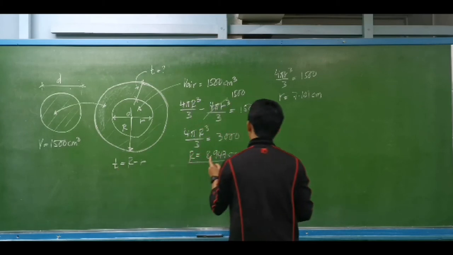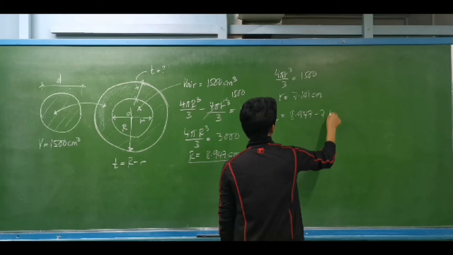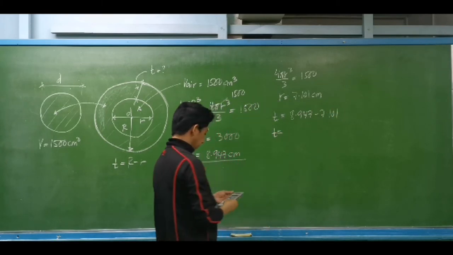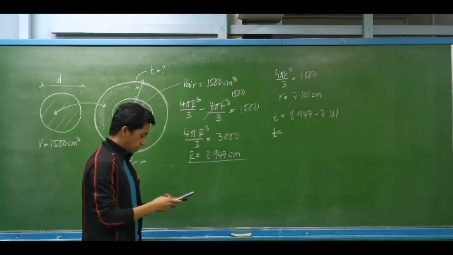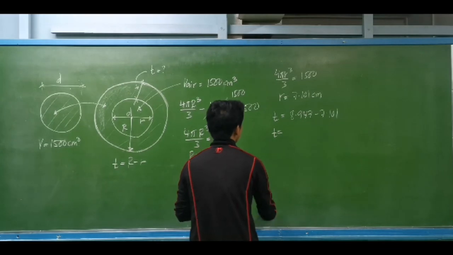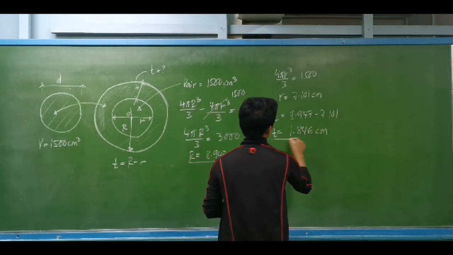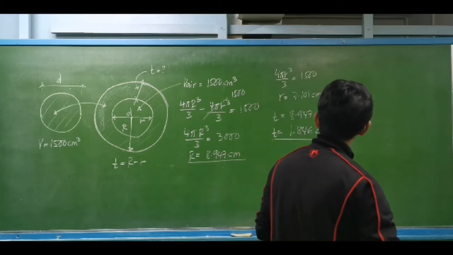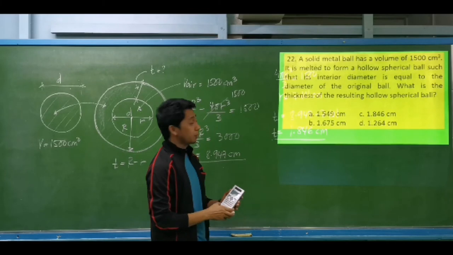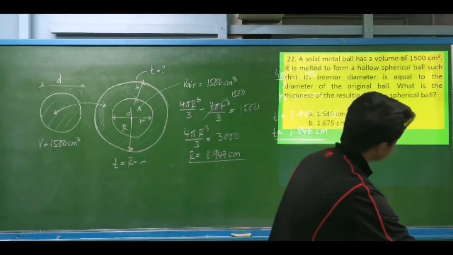That is yung capital R, 8.947 minus 7.101. So yung thickness is equal to 8.947 minus 7.101 is equal to 1.846 centimeters. Okay, check natin sa choices. 1.846, we have letter C, or 1.846 cm.